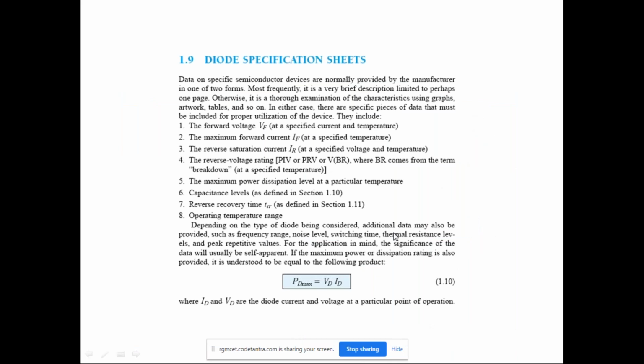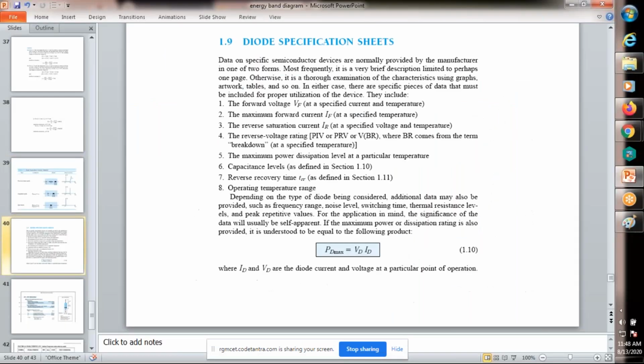And some diode specifications. Whenever you purchase a diode, some specifications are given.